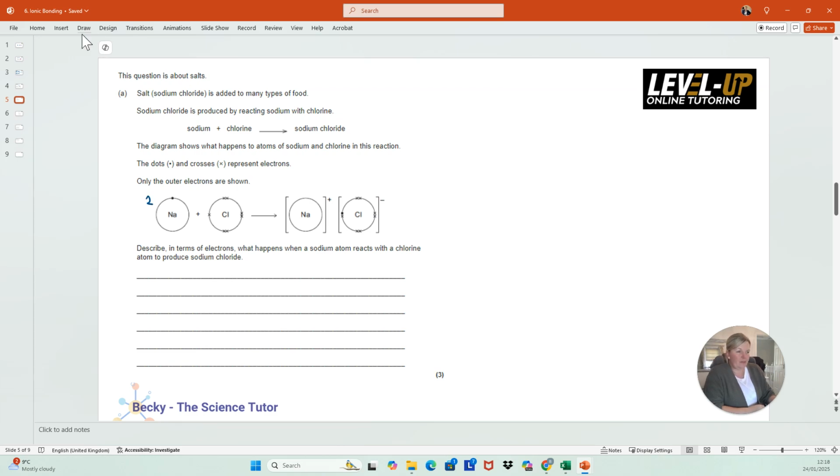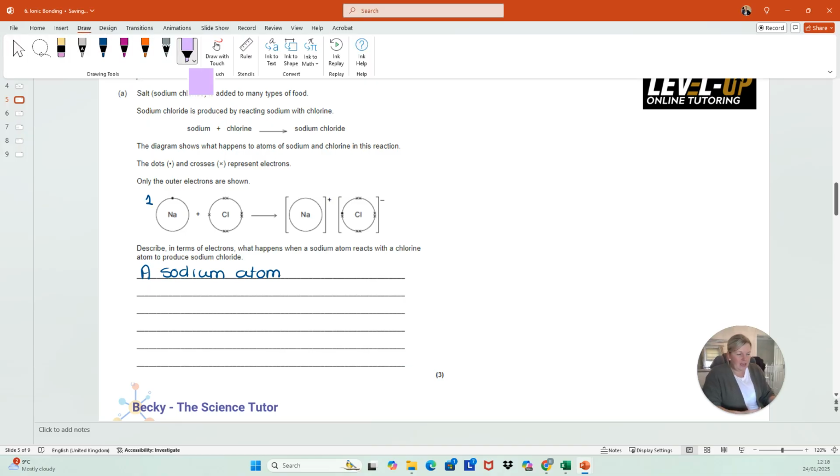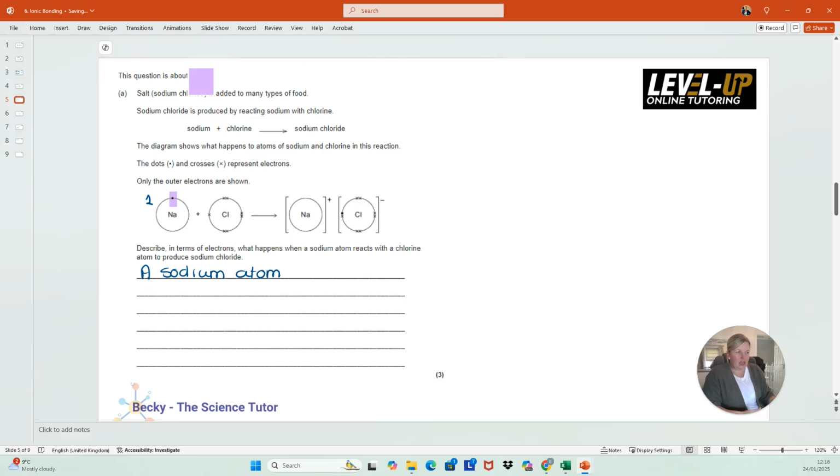I'm going to talk about sodium first. I'm going to say a sodium atom, because it's an atom at the moment, it's not lost or gained any electrons yet, so it's still classed as an atom. And then we're going to have a look at what does it do. So here it's got 1 electron in the outside shell, and when we look over at this side, the electron has gone and it's now become positively charged.